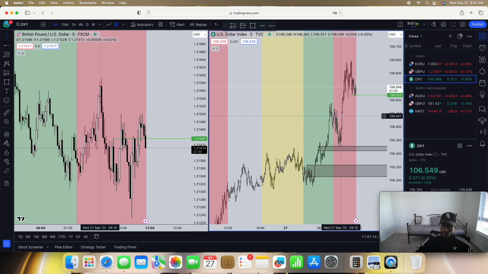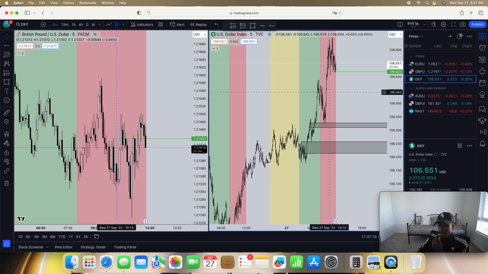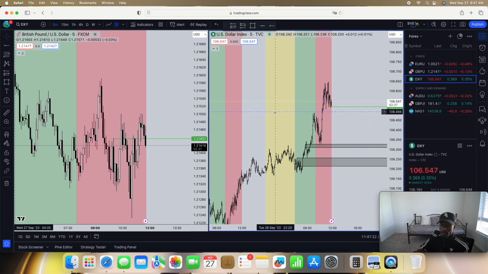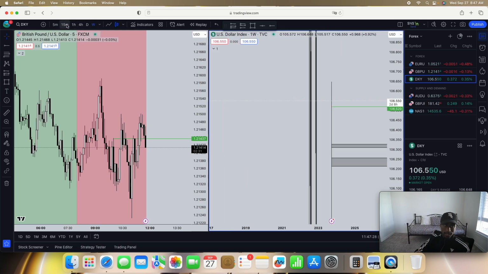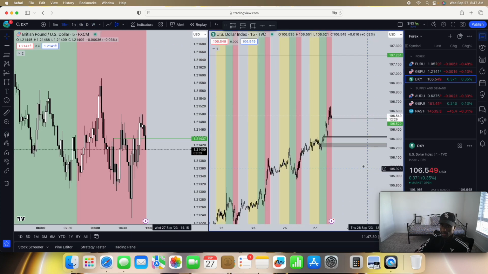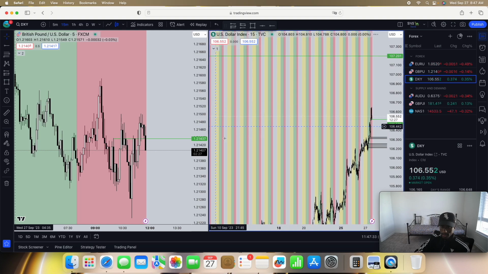Again, I don't have a higher time frame narrative. I don't do daily bias or whatever, but I will plot out levels that the DXY can reach. Right now, it's in no man's land. There is nothing near it to target.